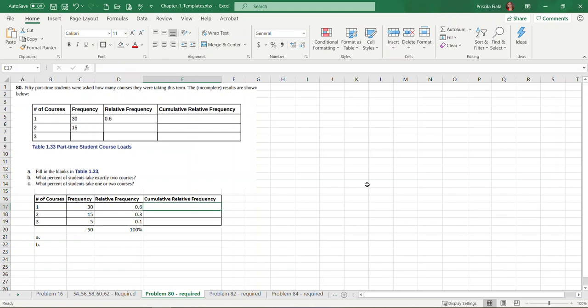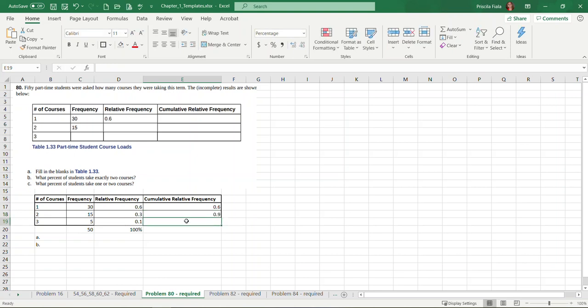Your cumulative frequency is always going to be this one plus the one previously. We don't have anything here before, so it equals this relative frequency. Now we are going to add this value plus the next one. So we are adding, let me type the numbers so it doesn't confuse you, 0.6 plus this value over here, 0.3.